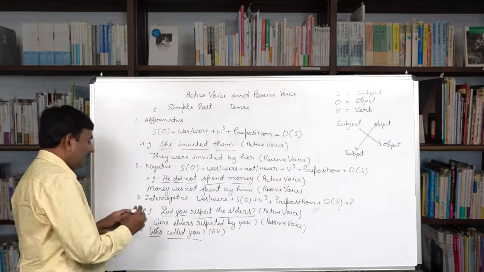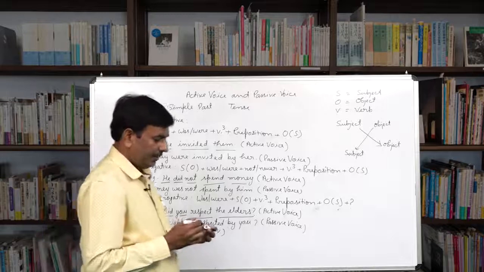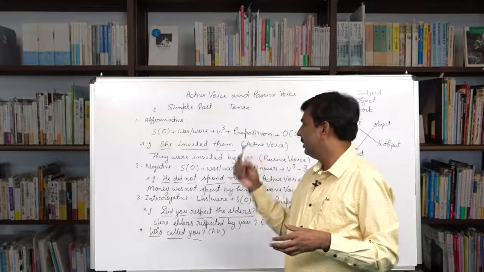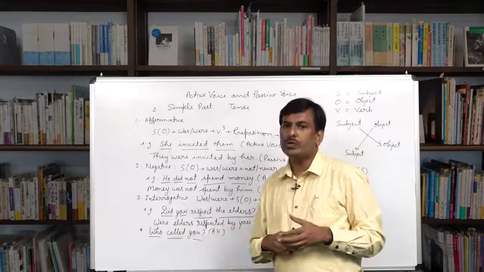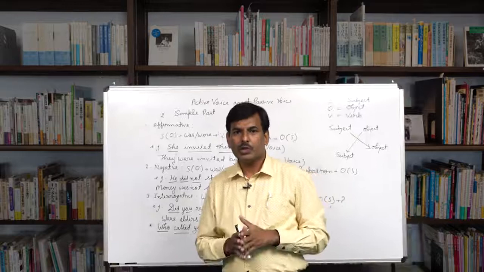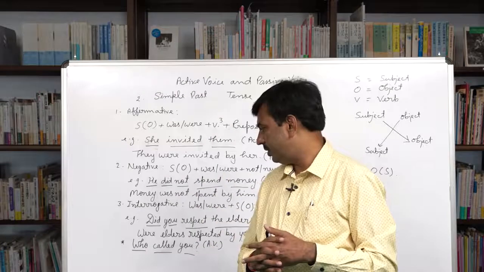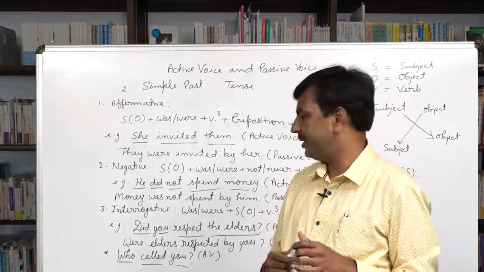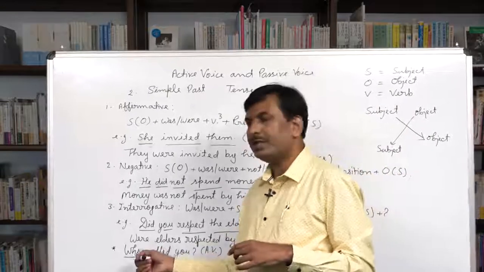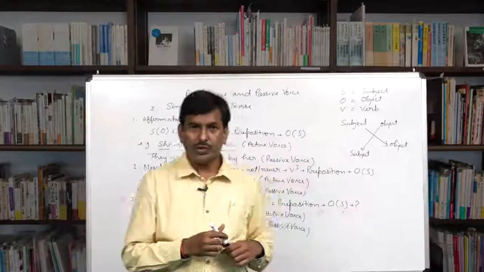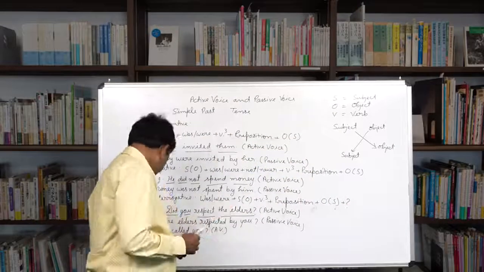As I have earlier taught you in simple present tense, question word who always works as a question word and a singular subject in all tenses. So here subject is question word who. So its object is whom.